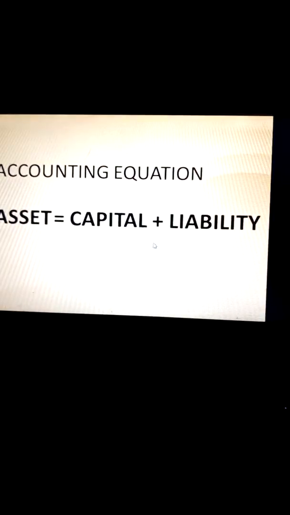Accounting equation. The accounting equation states asset is equal to capital plus liability. We will quickly explain the meaning of these three words.